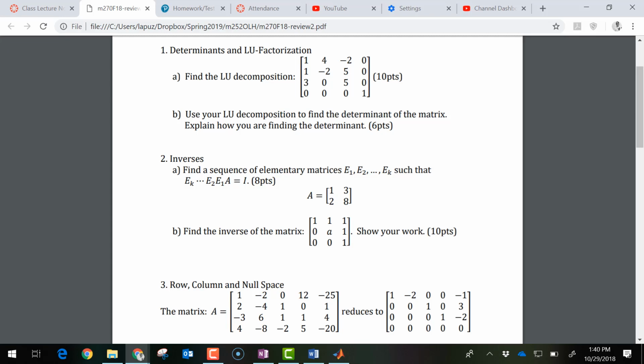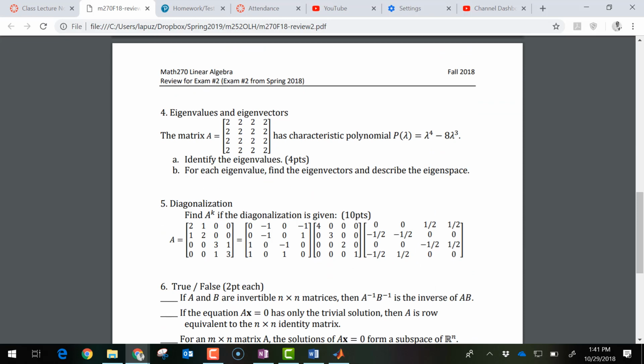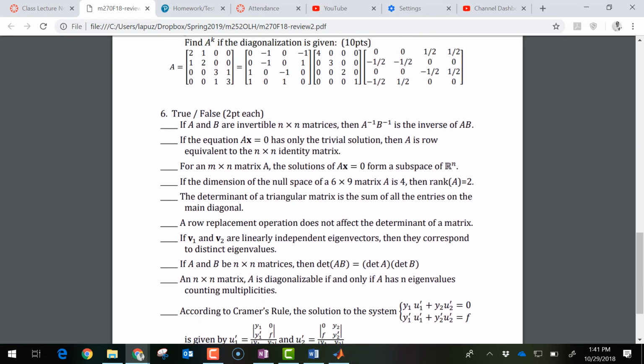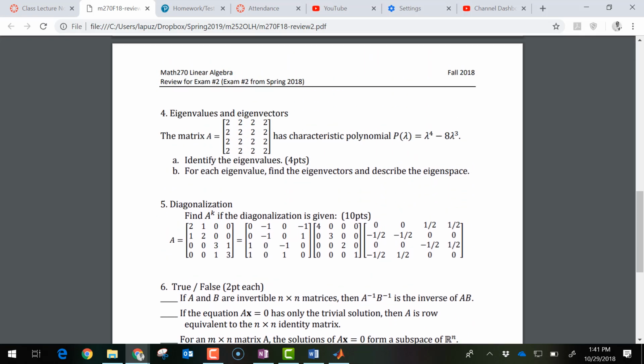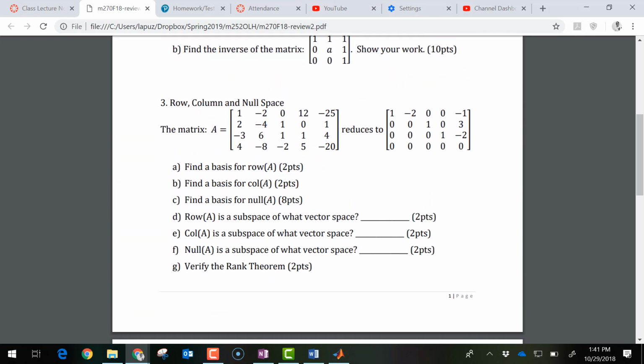You might have to do that for B, but for A, I don't think you have to. Yeah. Sabrina? Number 6 also. So we'll do 3, we'll do 6, and we'll go back and do number 2. Maybe we'll do number 3 first, and then number 2, and then we'll do number 6.